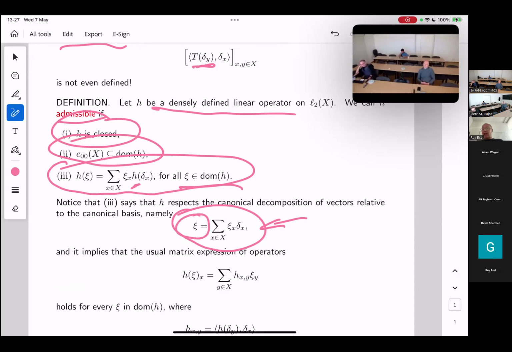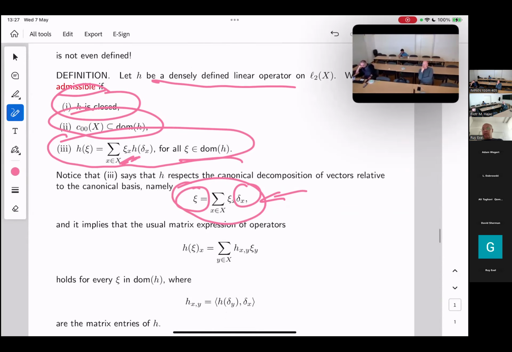So H of psi is equal to the summation of the coefficient psi x times H of the basis vector. So formula 3 is saying that you are allowed to bring H inside the sum, even though the sum involves a limit, and even though the operator is not continuous, we are asking the operator to be a little bit continuous, at least so that this formula holds, right?